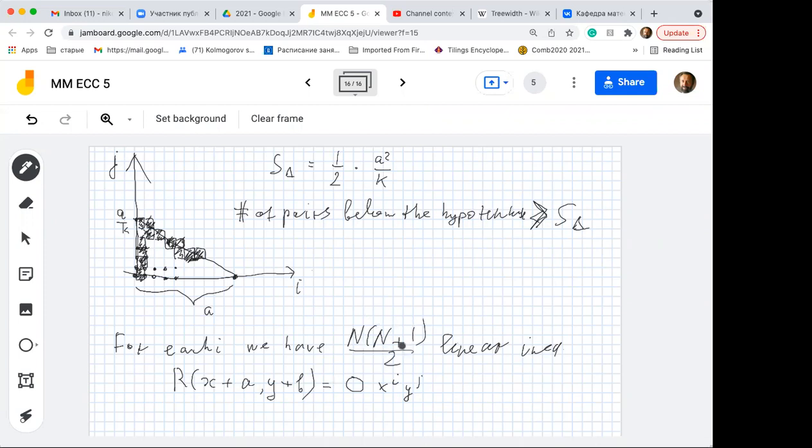This N times N plus 1 over 2 is the number of monomials of degree less than N.